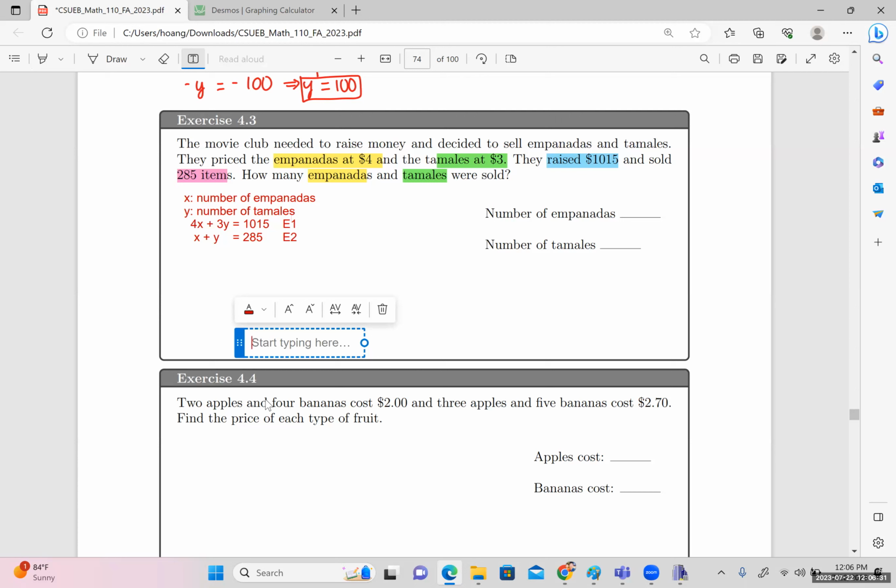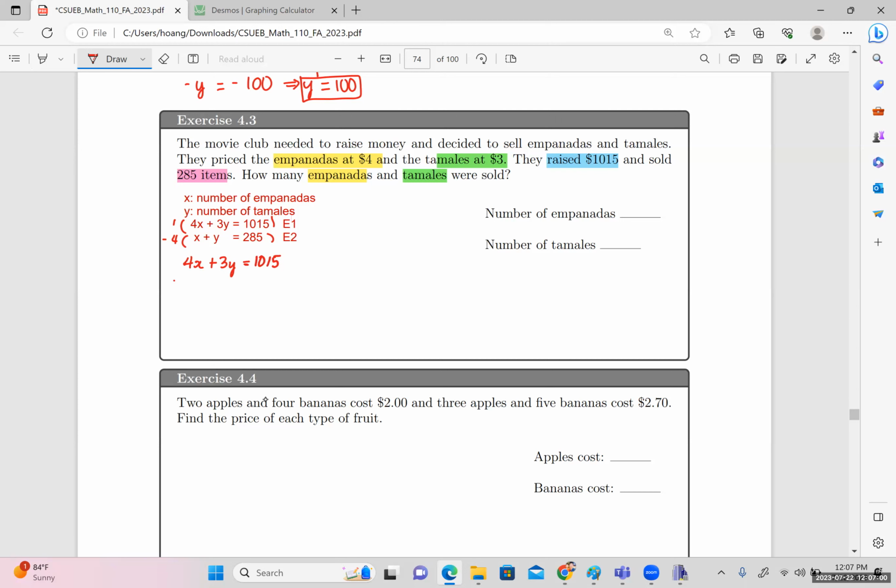I want to just eliminate the X. So I will multiply by 1 for the first and -4 for the second. So I have 4x plus 3y equal to 1,015.